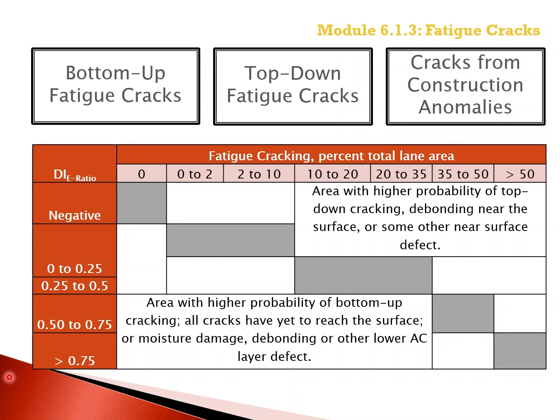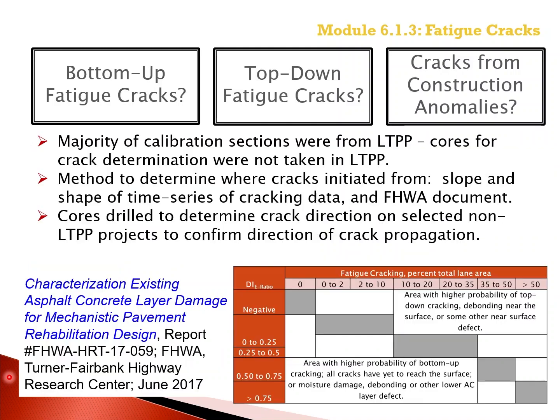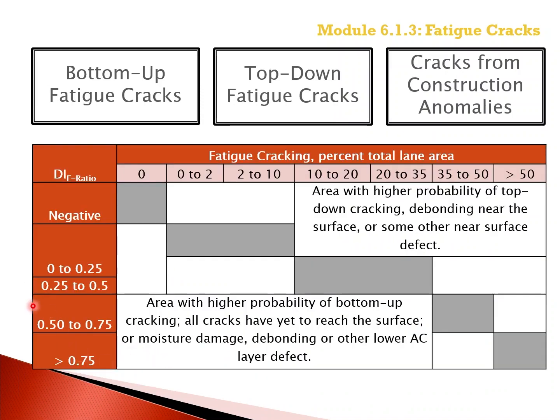The table displayed on this slide was extracted from the FHWA report included on the previous slide, again FHWA HRT-17-059. It is enlarged on this slide to demonstrate the approach or procedure to separate the different types of cracks measured at the surface of the pavement.